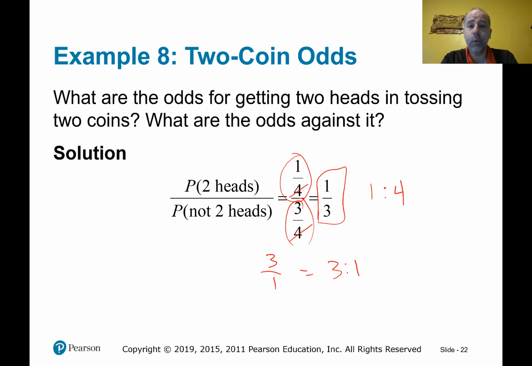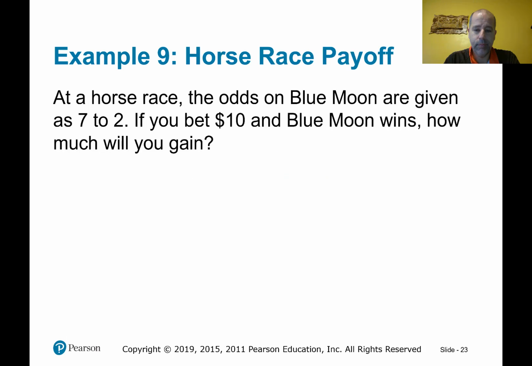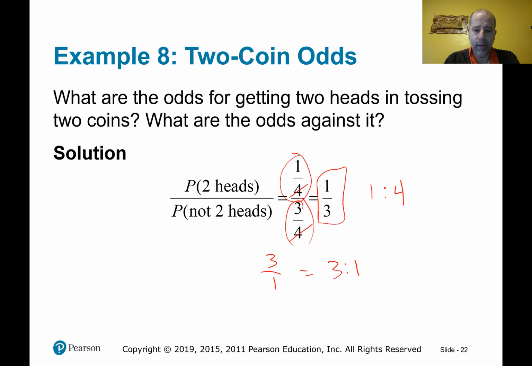Oh, the odds are 3-1. There's a 3-1 odds that Lucky Charms is going to win the race, right? Or there's a 3-1 odds that the Bears are going to go to the Super Bowl. Not really, but you get my point. Oops, I made a mistake here. I wrote 4 here. This is 1 to 3.